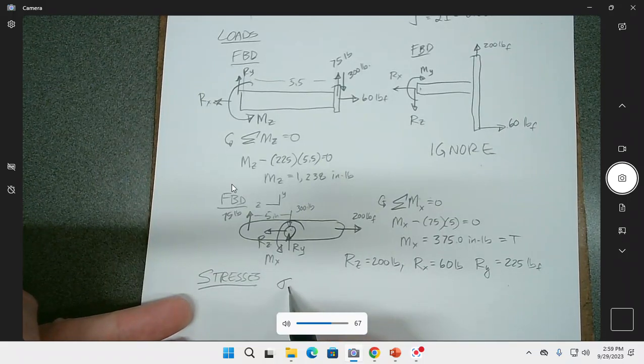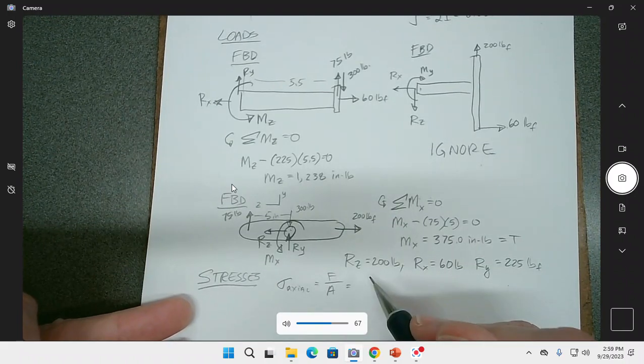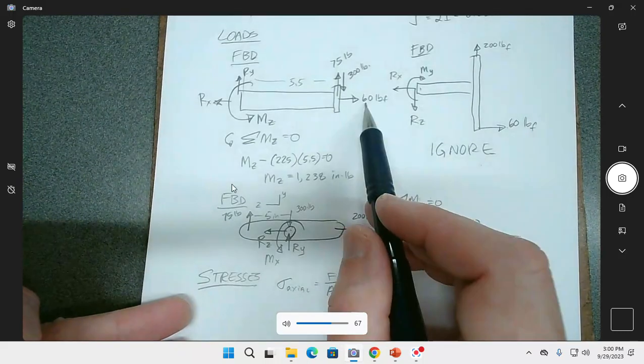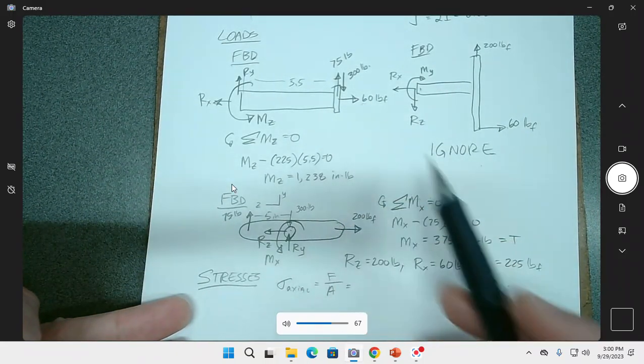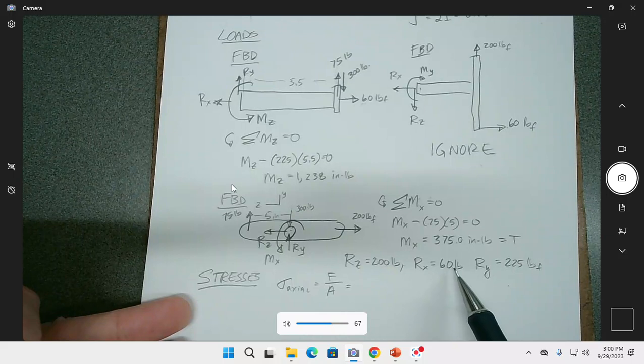And so we go axial first. It's a good place to start. And that axial is going to be the 60 pounds, right? Or you could see that it was right here in the x direction.